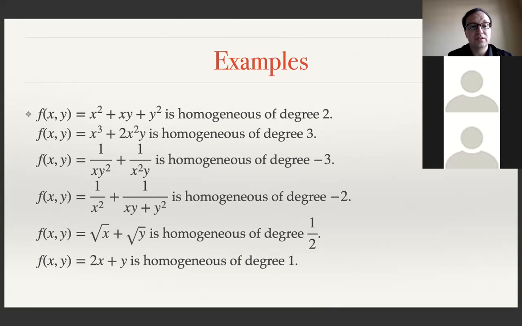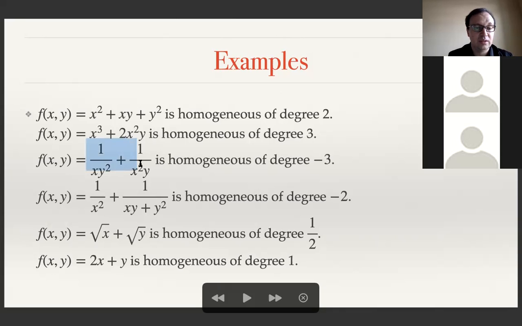Here's the next example: 1 over xy squared plus 1 over x squared y is homogeneous of degree -3, and it's most definitely not a polynomial, because a polynomial only has non-negative powers. This kind of more general function is called a rational function, which is the quotient of two polynomials.